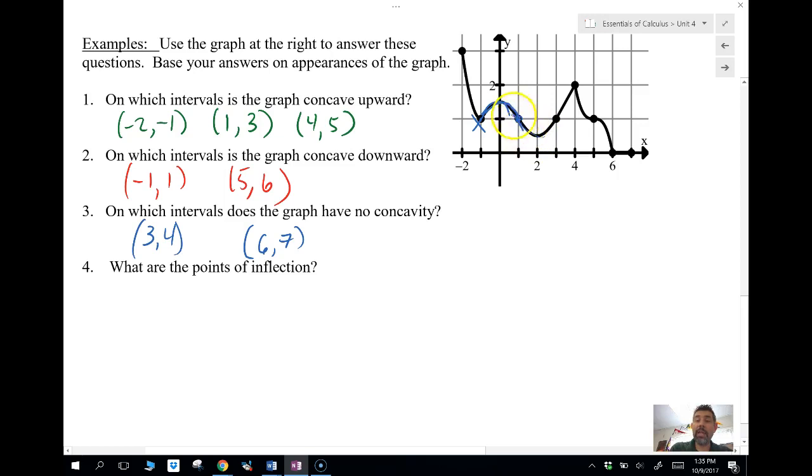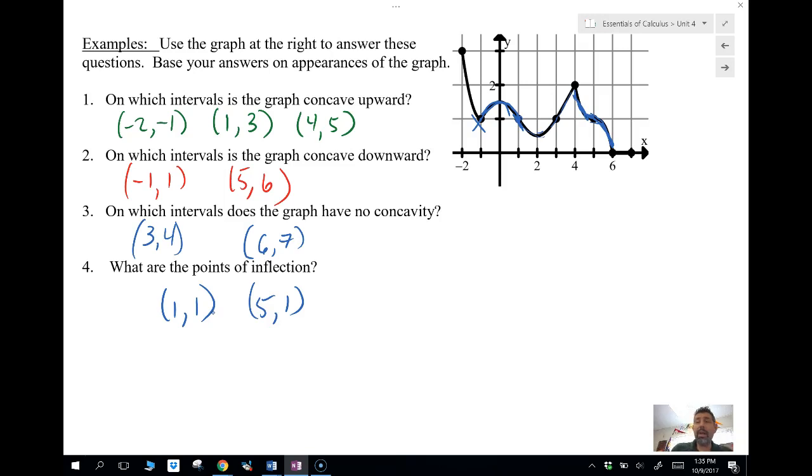And there is a tangent line there, so we've got an inflection point at (1, 1). And then this goes from concave up to concave down, boo. And that has a tangent line there. So we're going to say (5, 1) is our other inflection point. Hopefully that gives you a sense of what we're talking about with inflection points and concavity.